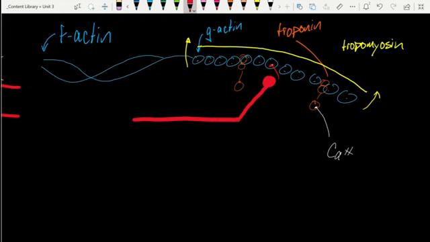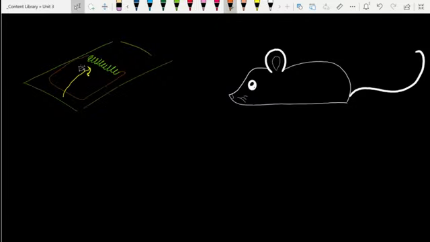Now, before we continue, one thing that I want to do is just make sure we understand a little bit about myosin. Myosin is a lot like a mousetrap. If you've never played around with a mousetrap before, it's this orange bar right here. That's the deadly portion.